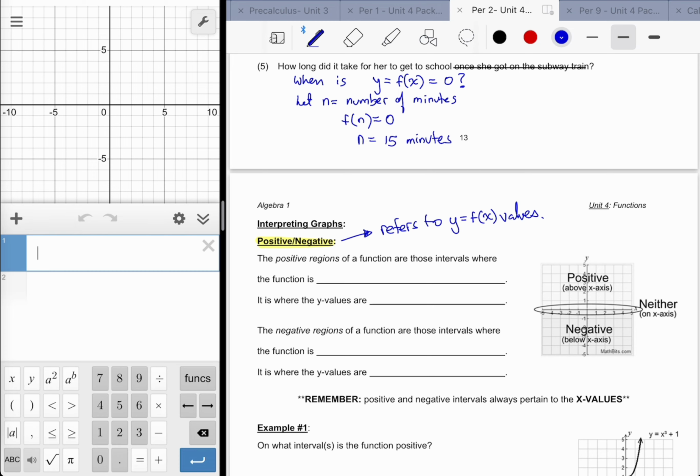All right. And you can see the little diagram there. Positive is above the x-axis. So actually, I kind of steal my own thunder. It says the positive regions of a function are those intervals where the function is above the x-axis.